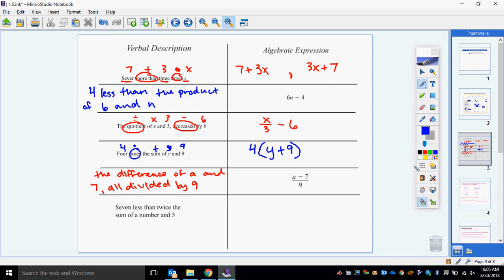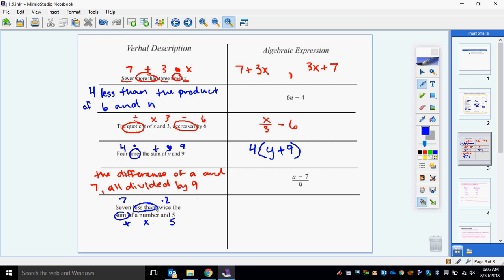And the last one, go ahead and pause the video and select which one you think represents 7 less than twice the sum of a number and 5. Okay, so we should see 7 less than, twice means times 2, sum means add, a number that we don't know is x, and 5.